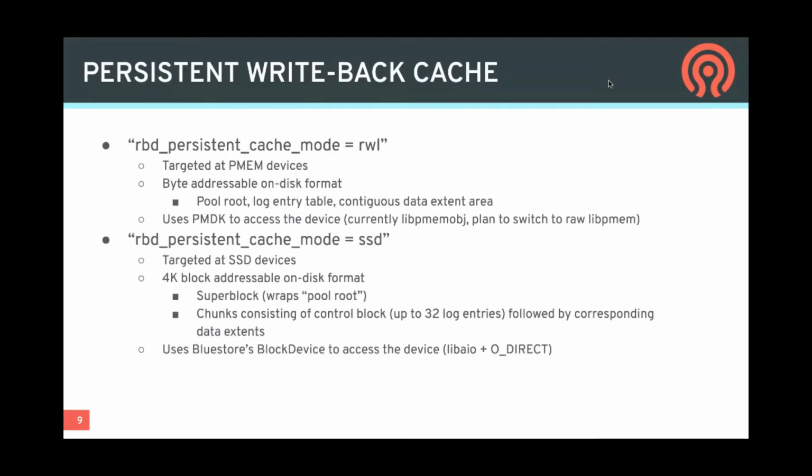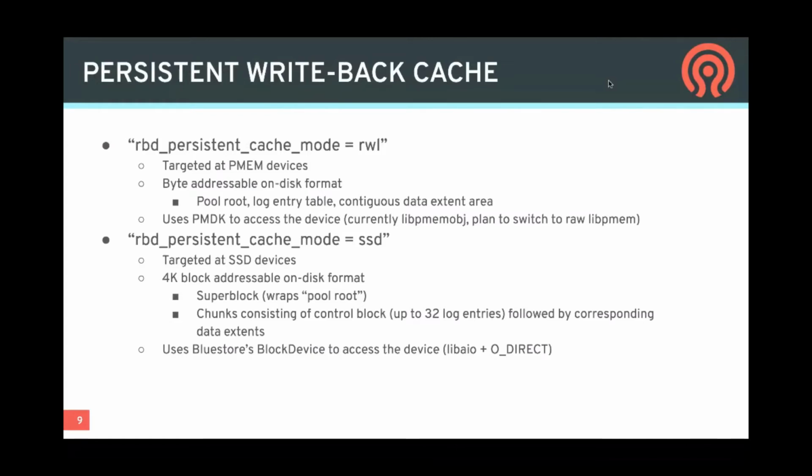So the new cache comes in two flavors, one targeted at persistent memory devices and another for SSD devices. They share a common core, and the flushing logic, the I/O dispatch code, things like that, but they differ in on-disk format and in how the cache device is accessed.